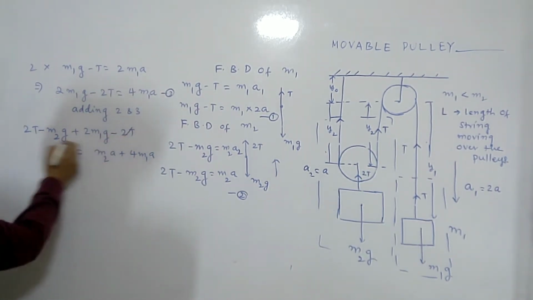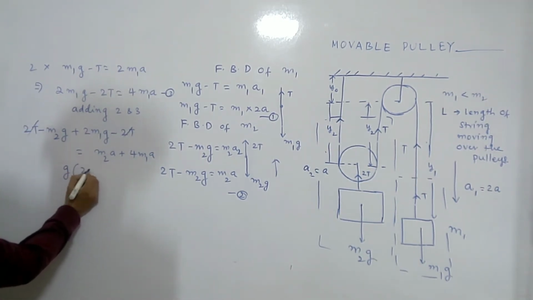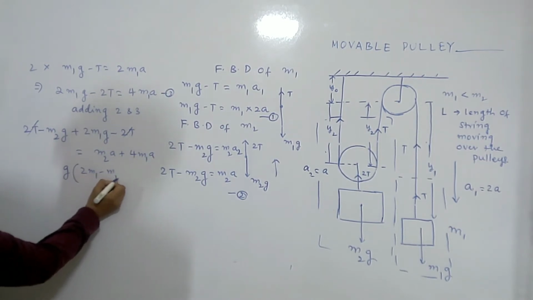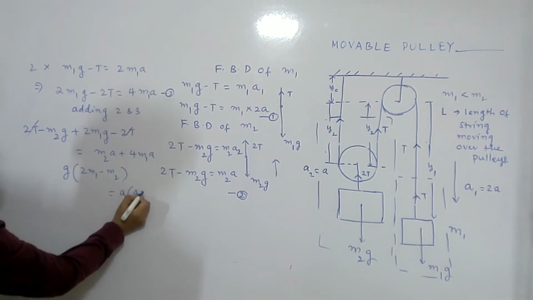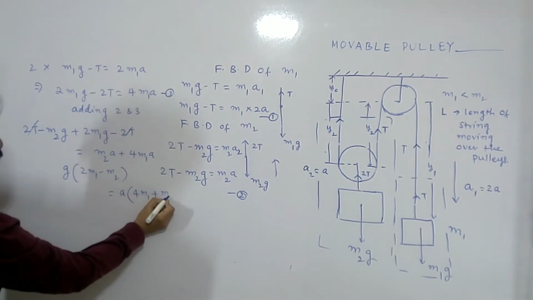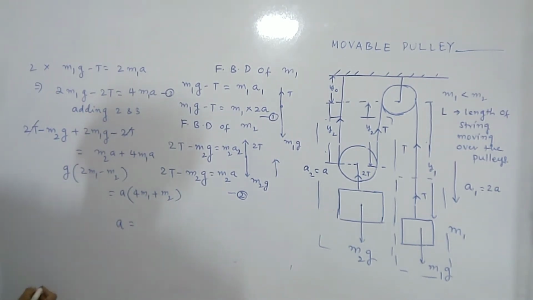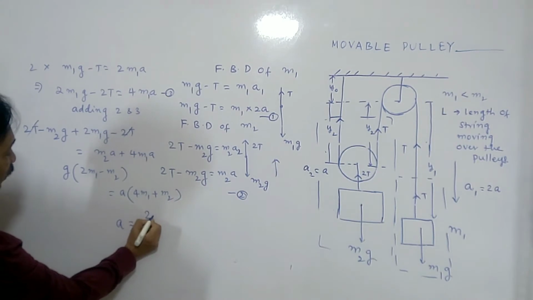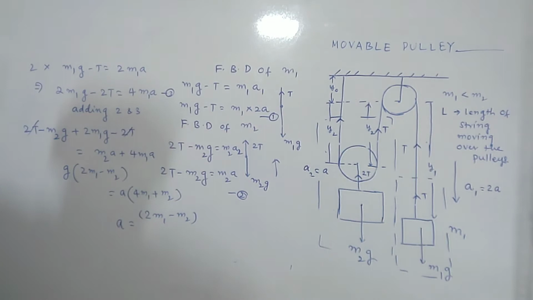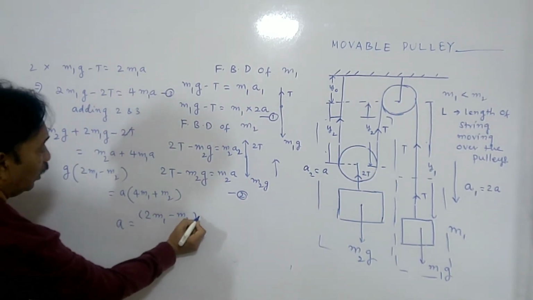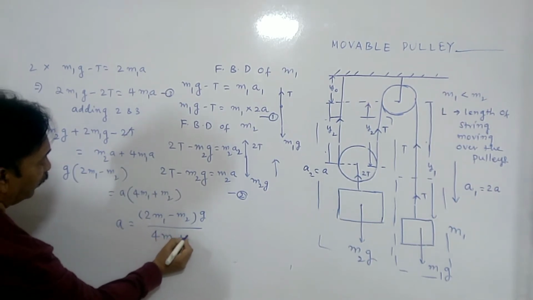Then what you get? Here T gets cancelled. g of 2m1 minus m2 is equal to a of 4m1 plus m2, and we get the acceleration. Acceleration of the system is 2m1 minus m2 of g by 4m1 plus m2.